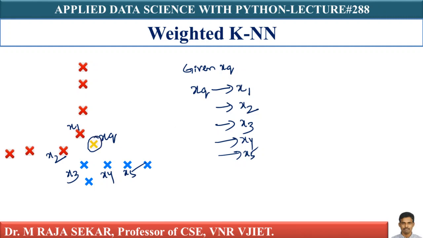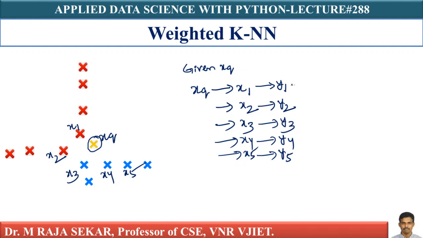What is the label for x1? For x1, the corresponding label is y1. For x2, the corresponding label is y2. Similarly, for x3 it is y3, for x4 it is y4, and for x5 it is y5.